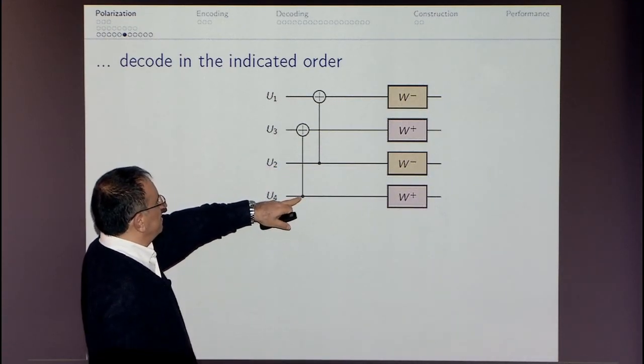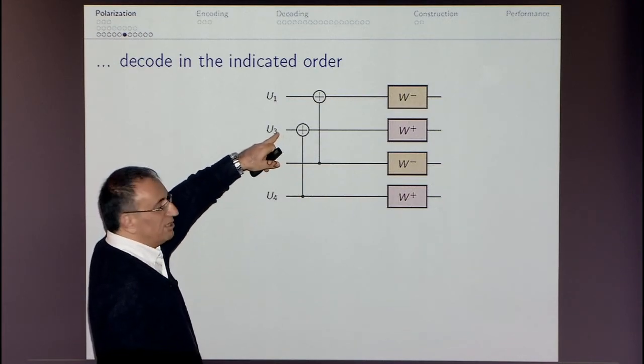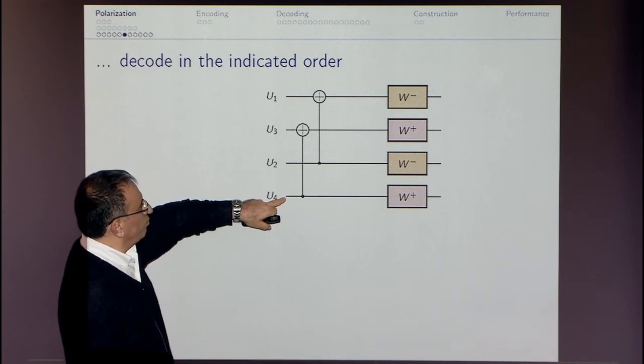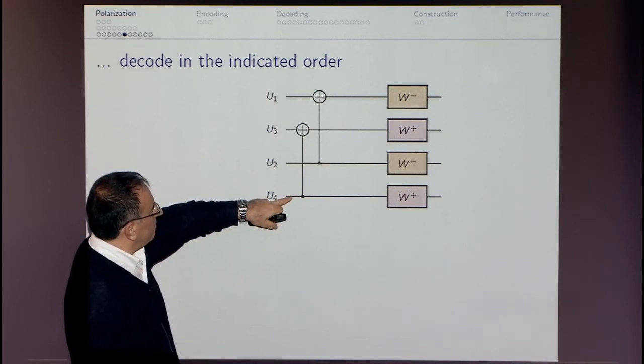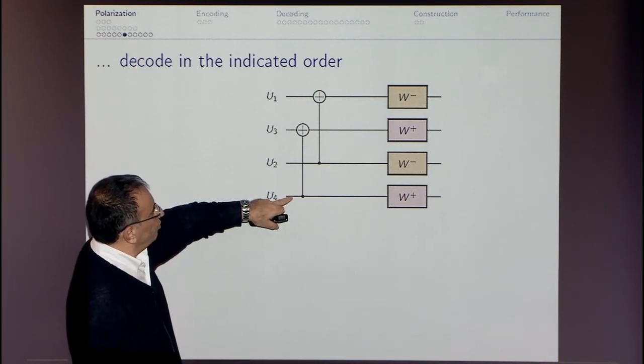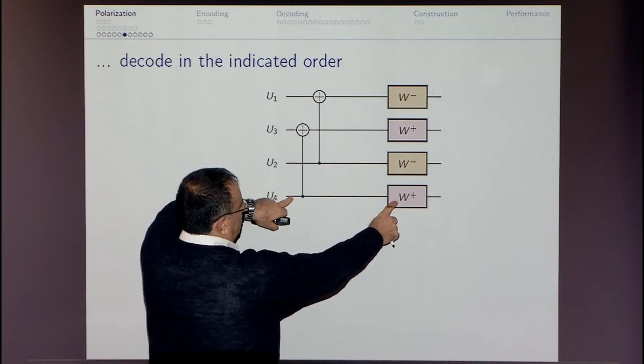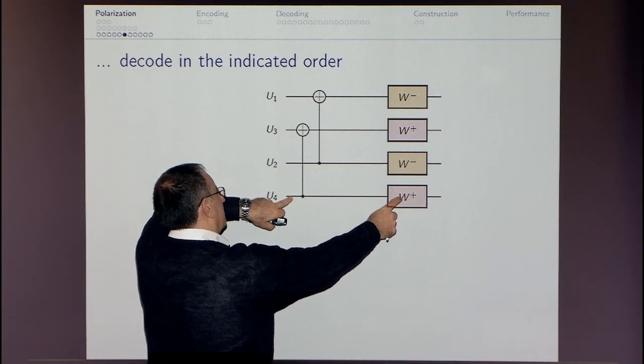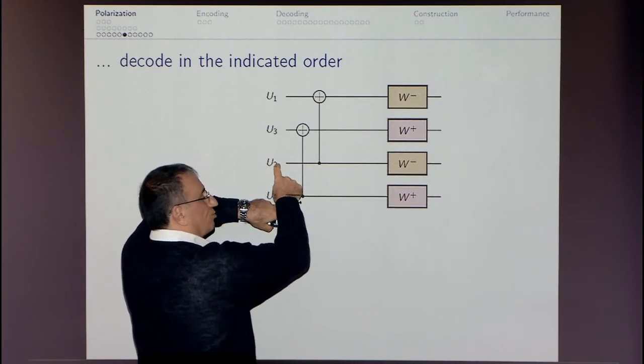Now the interference that's coming into this channel is only from U4. But you see U4, it doesn't show up very clearly in here, it is not a W plus channel yet. It will become a W plus channel only after you decode U2.